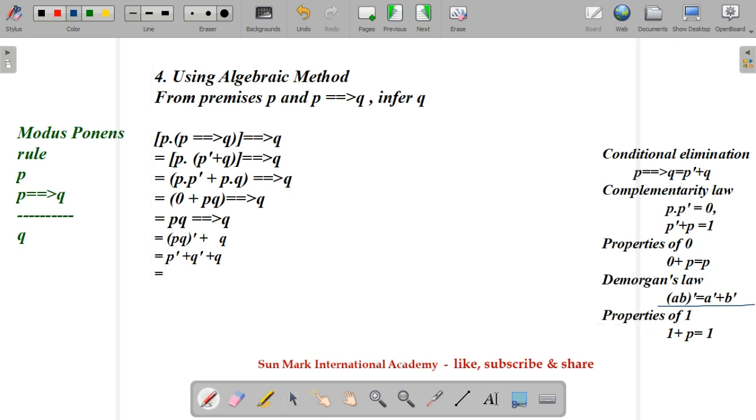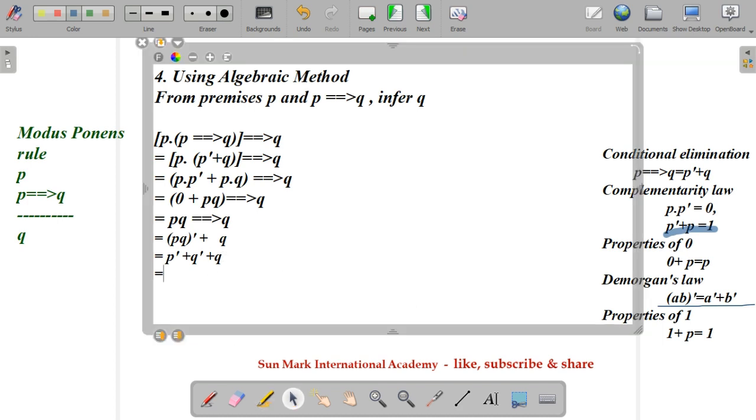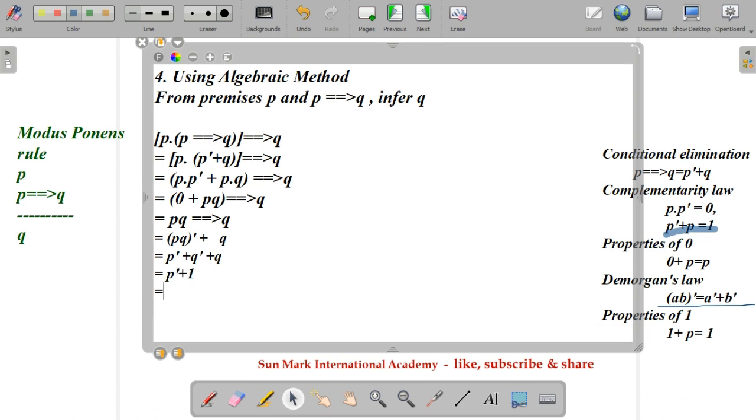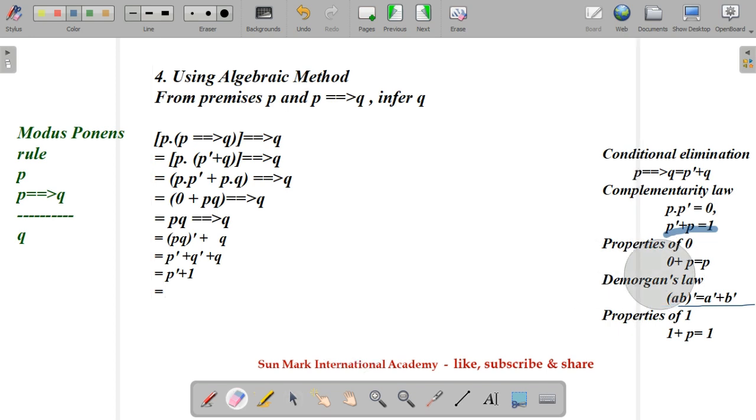Again, Q dash plus Q. Q dash plus Q is equal to 1 using the complementarity law, so we substitute Q dash plus Q equal to 1. So P dash plus 1. And the final one is 1 plus P, the properties of 1.